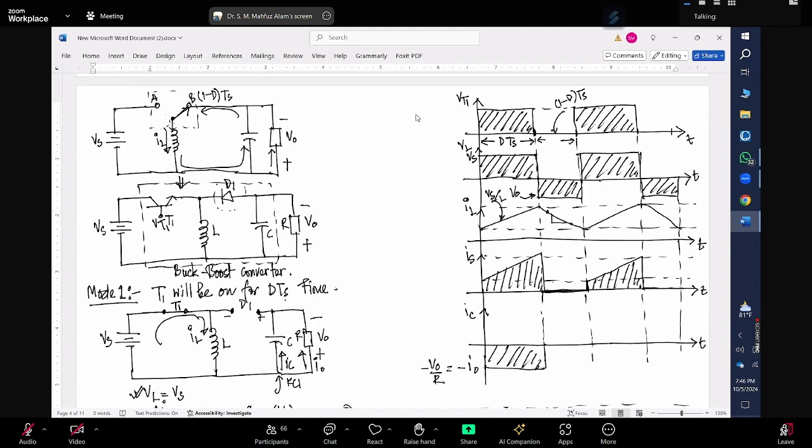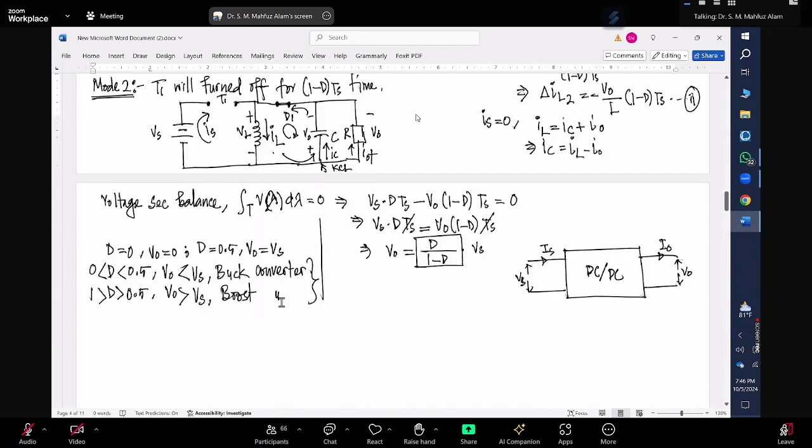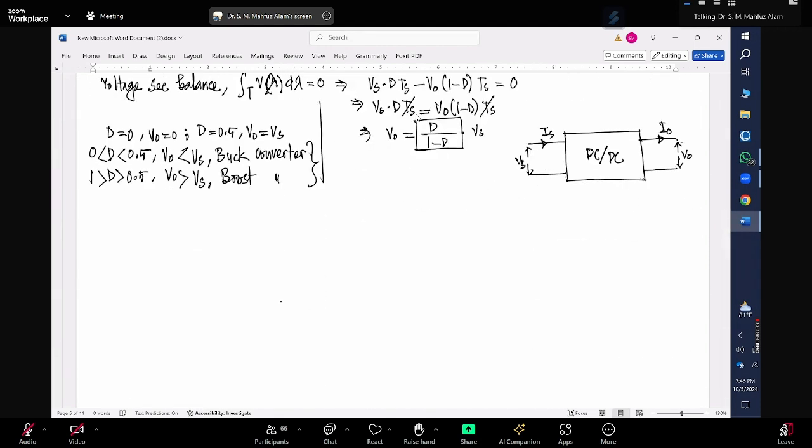So it means whatever power you are dumping into the system, the load will consume that, right? So what we can say here is your VsIs should be equal to V naught I naught, right?